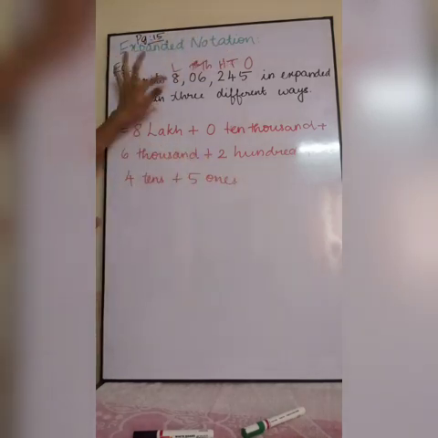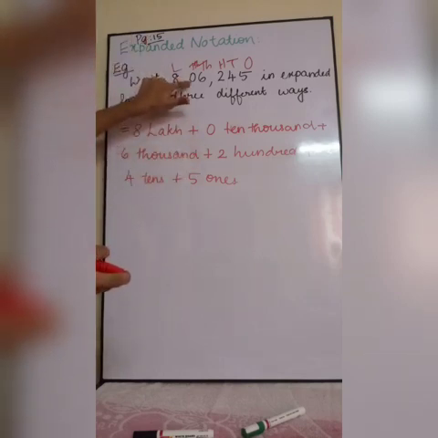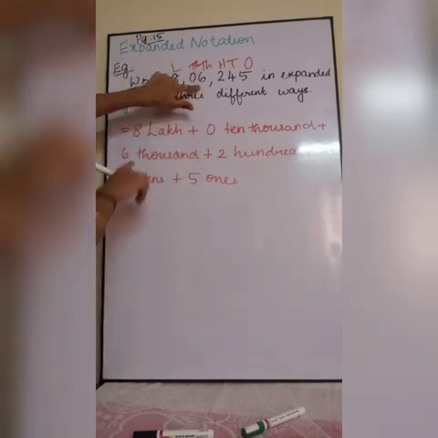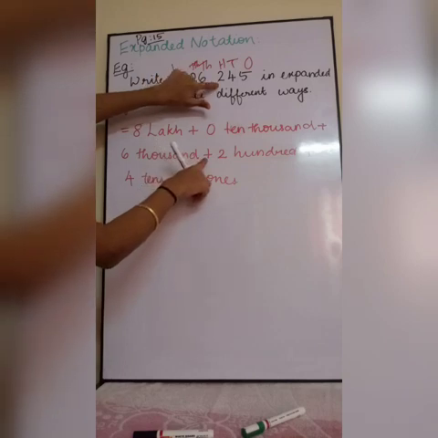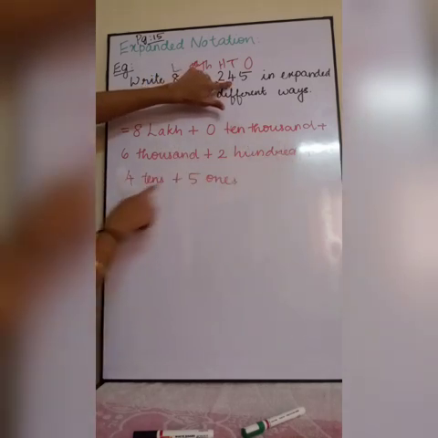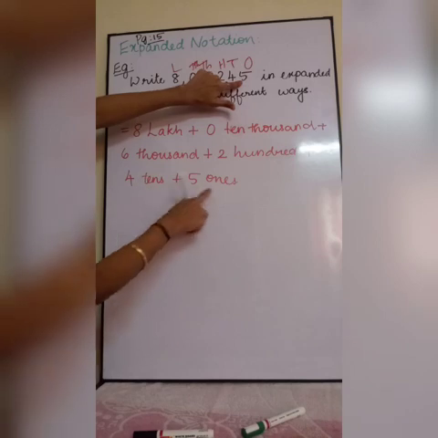Listen: 8 lakh plus 0 10,000s plus 6,000 plus 200s plus 4 tens plus 5 ones.